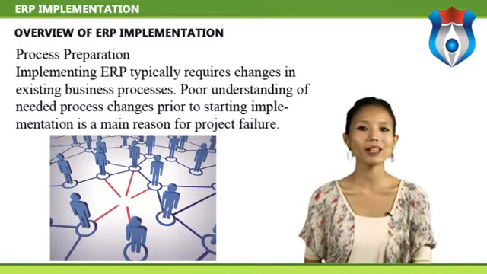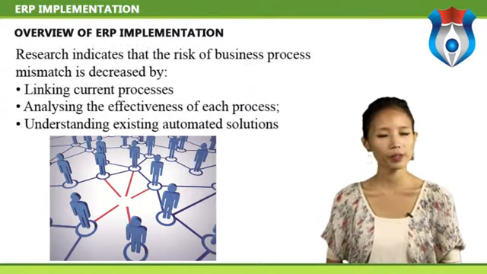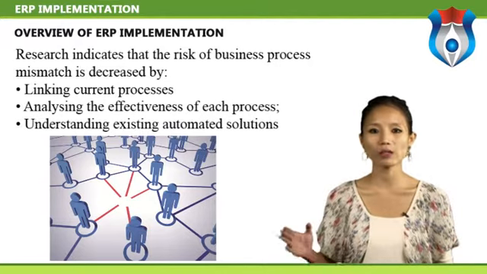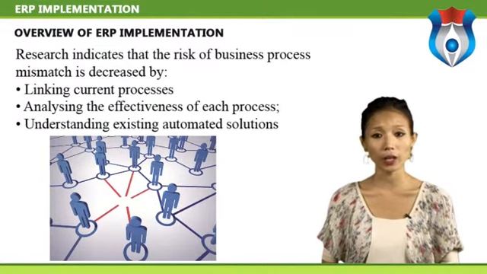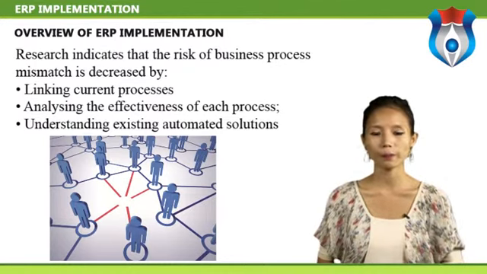It also enables an assessment of the alignment of current processes with those provided by the ERP system. Research indicates that the risk of business process mismatch is decreased by linking current processes to the organization's strategy, analyzing the effectiveness of each process, understanding existing automated solutions.